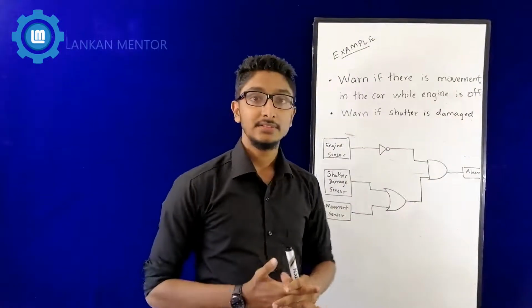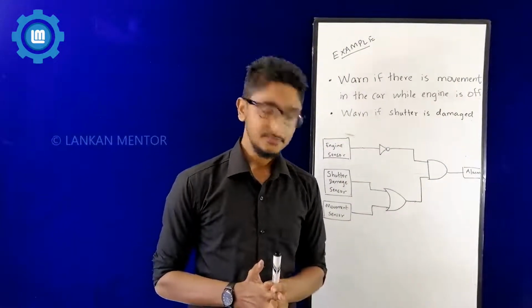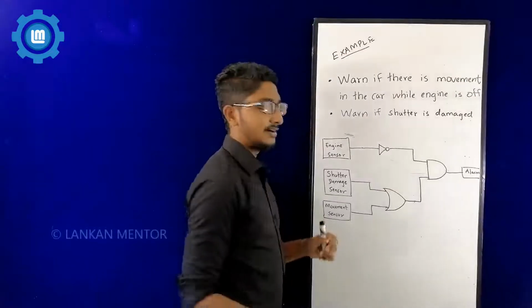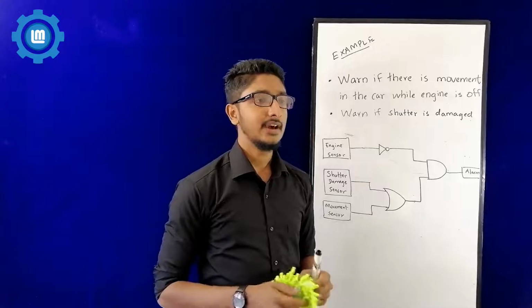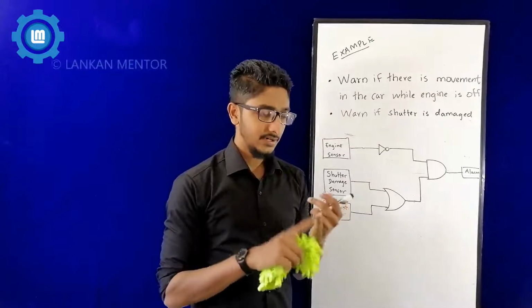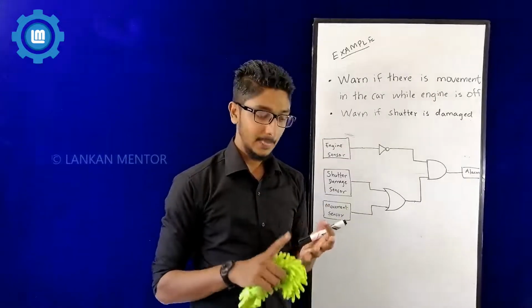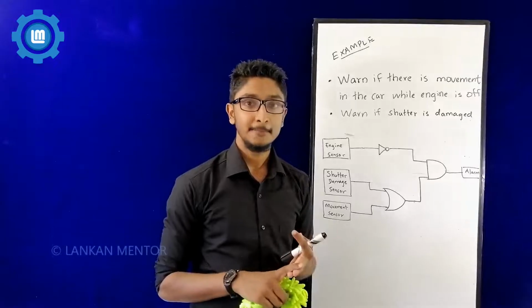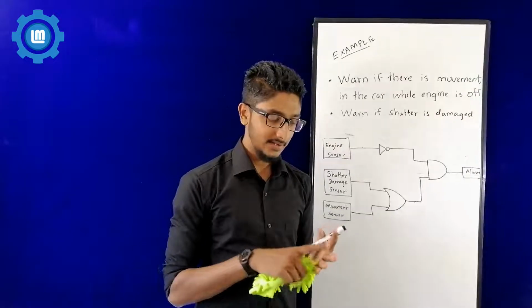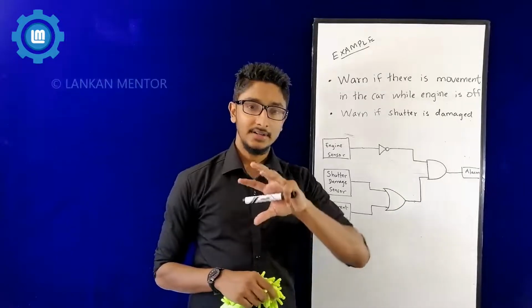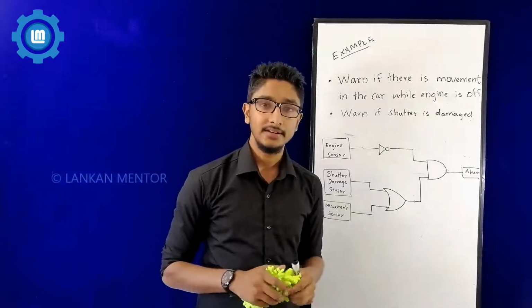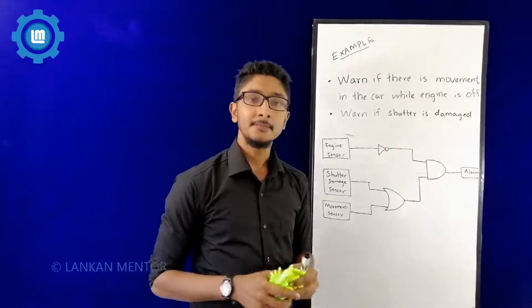Okay. So I hope we have come to the end of logic gates. We have learned basic logic gates, combinational logic gates, ICs and sensors. So after doing these, I hope you have gotten a clear idea of the 4th chapter in your grade 10 ICT book.